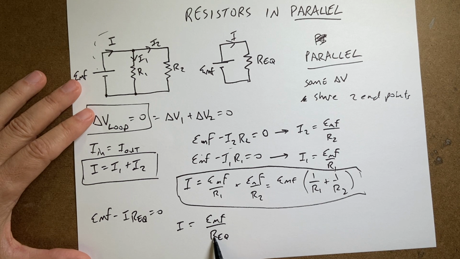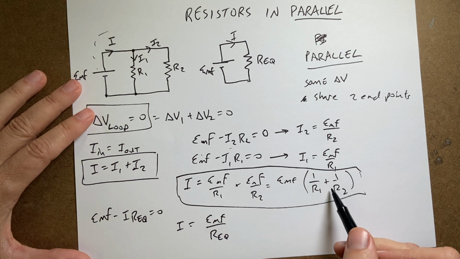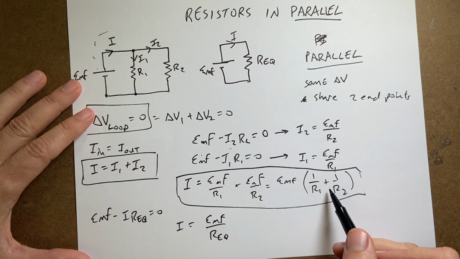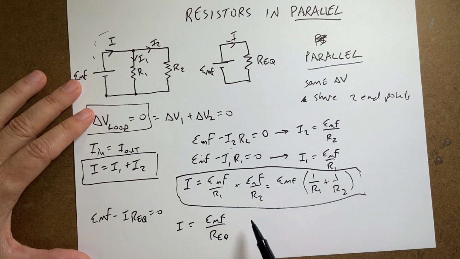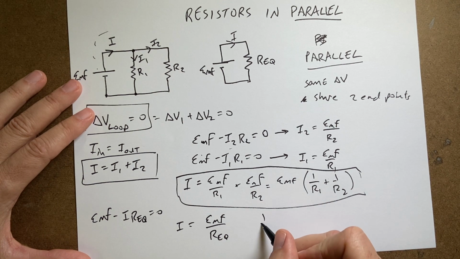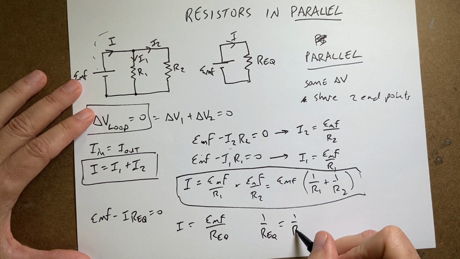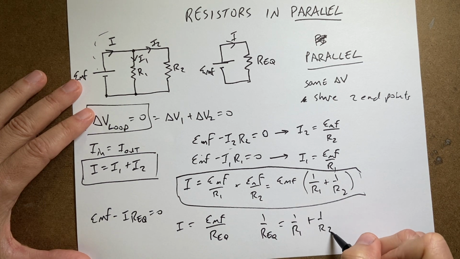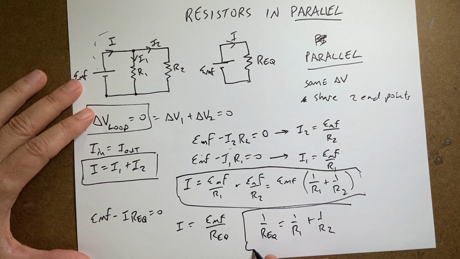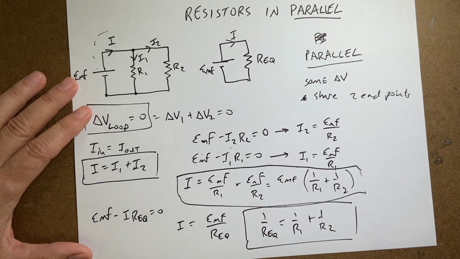So that means R equivalent has to be equal to 1 over this. Or I could say 1 over R equivalent is equal to 1 over R1 plus 1 over R2. And that's how I find my parallel resistance value.